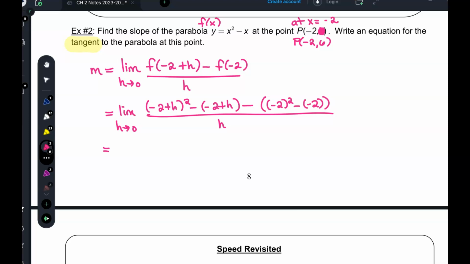Okay, hold on. 4 minus 4h plus h squared plus 2 minus h. I know, it looks really good. Easy. Right?